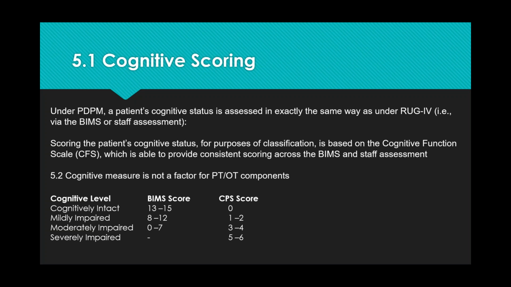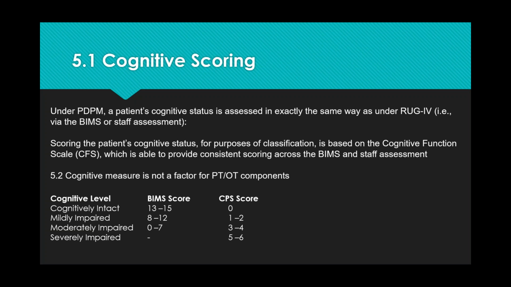Scoring the patient's cognitive status for purposes of classification is based on the cognitive function scale, which is able to provide consistent scoring across the BIMS and staff assessment. Cognitive measure is not a factor for PT and OT components. It's only a factor for speech.